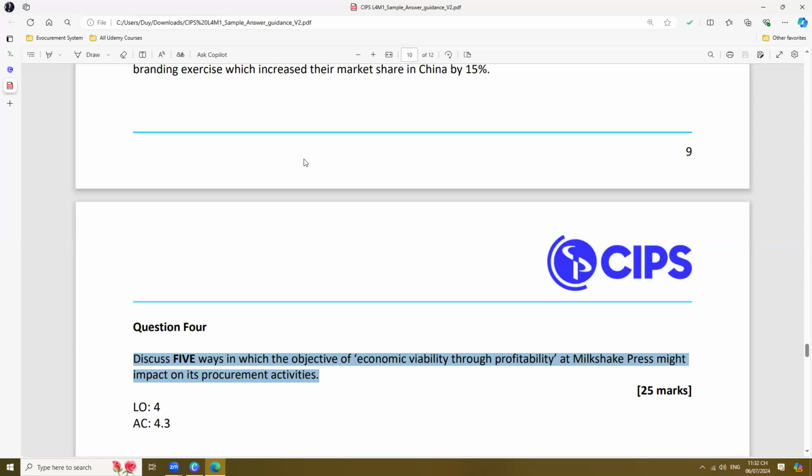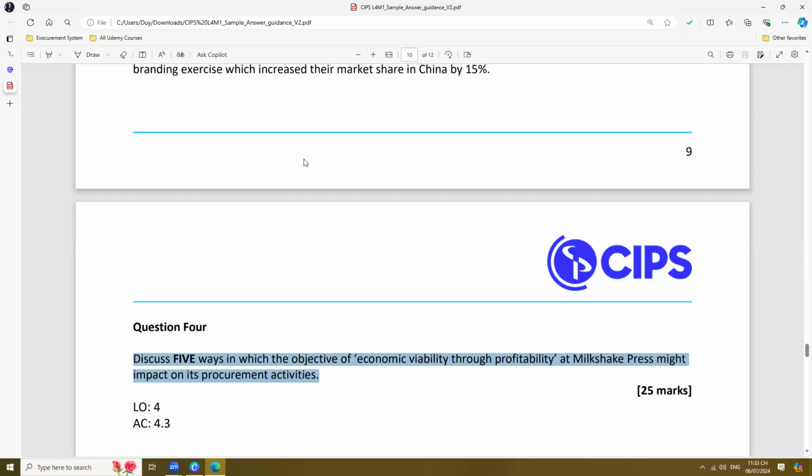There is another way to ask this question. She may ask you for 5 ways in which procurement may deliver improving profit at Mission Press. That would be different, and that may lead to a different answer as well.